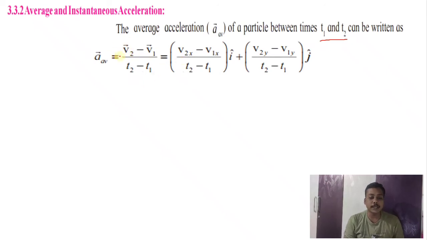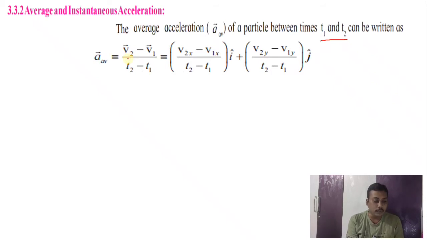See, the average acceleration a bar average of a particle between times t1 and t2 can be written as follows. In between time t1 and t2 we have to calculate the average acceleration, and that can be written as a average is equal to v2 bar minus v1 bar upon t2 minus t1.